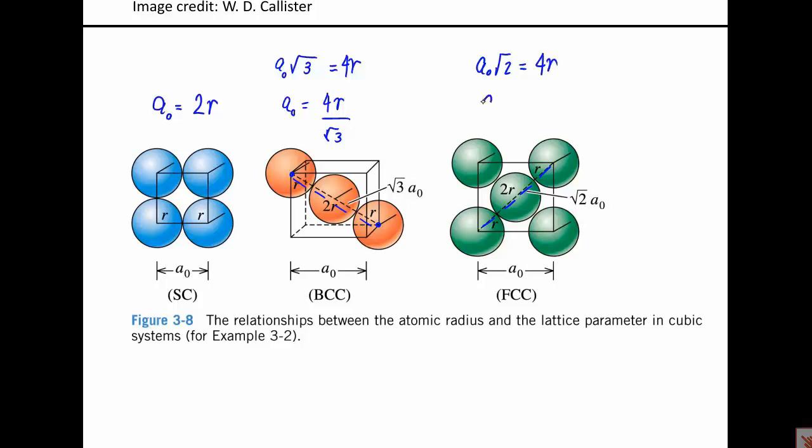So therefore, in the case of face-centered cubic, A0 is equal to 4R over root 2. But once again, R is the radius of the atoms composing the structure. Of course, we're assuming here that we're looking at crystals of elements, so we don't have atoms of different sizes.